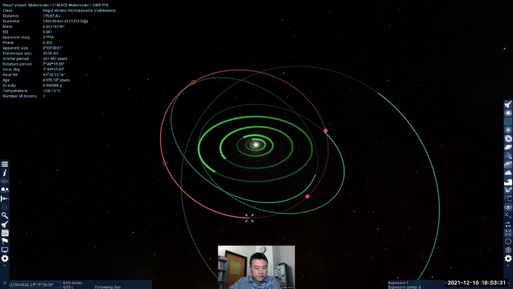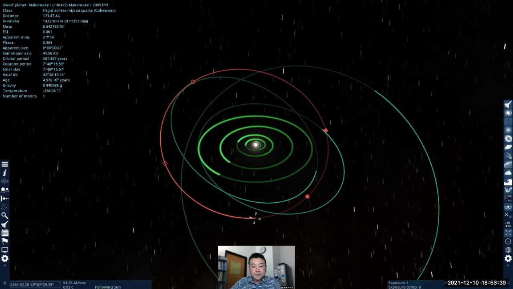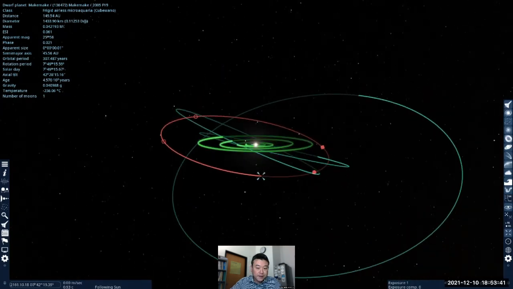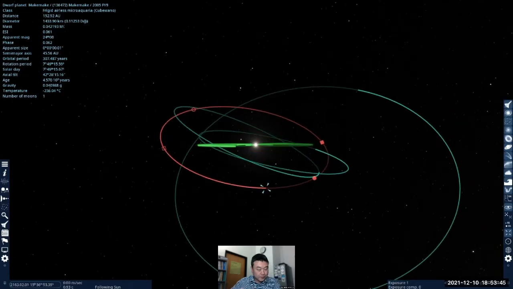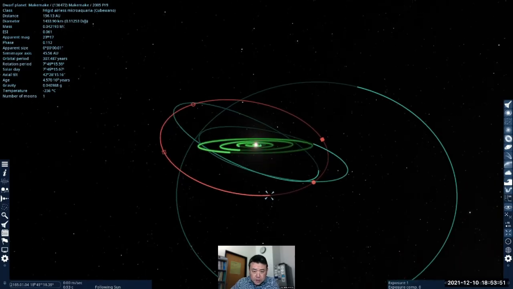They are not big enough to push away or gravitationally dominate other objects that are in a similar orbit. So based on the criteria, these trans-Neptunian objects, which are also outside of the ecliptic plane, are not major planets. So let me show one of the comets.